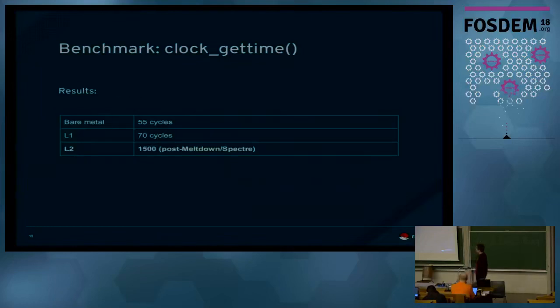Okay. Again, bare metal, 55 cycles, so it's pretty fast. You run it, you get it instantly. In level 0 or level 1, it's not significantly different. 55 or 70 CPU cycles, it's nearly the same. But in level 2, you will get something like this. And this is post the Spectre/Meltdown fix. Before that, we had 300.